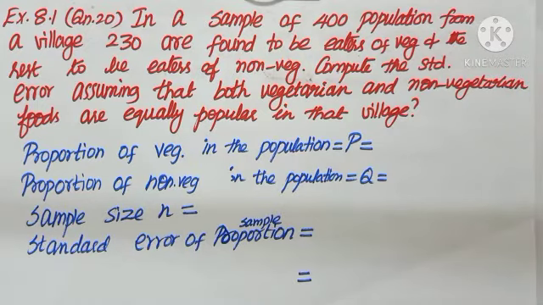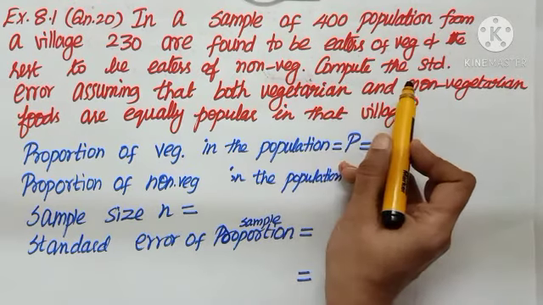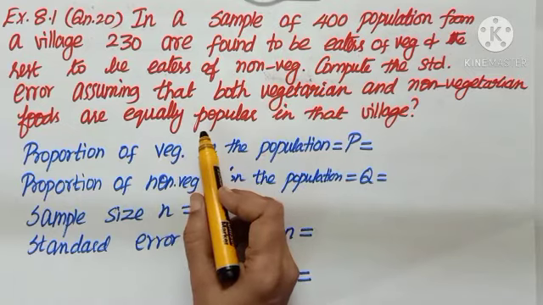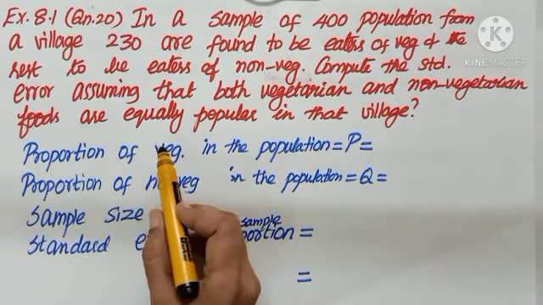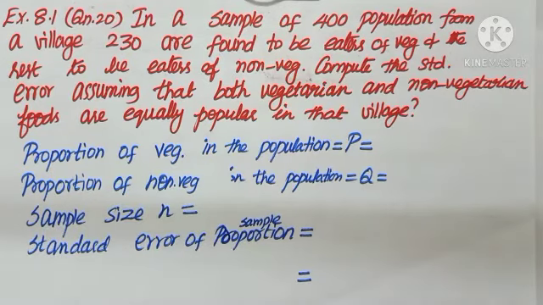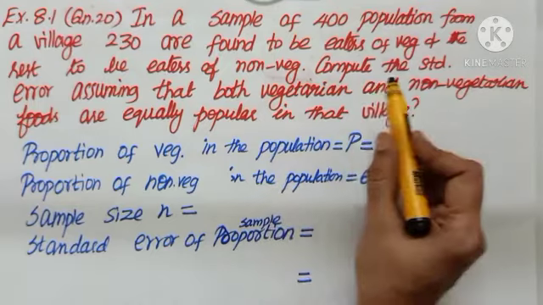Question number 20. In a sample of 400 population from a village, 30 are found to be eaters of vegetarian and the rest to be eaters of non-vegetarian food. Compute the standard error assuming that both vegetarian and non-vegetarian foods are equally popular in that village. As we read out the problem, anywhere mean is given?